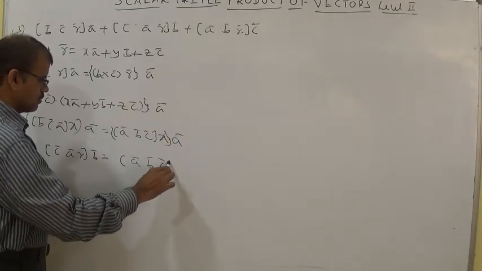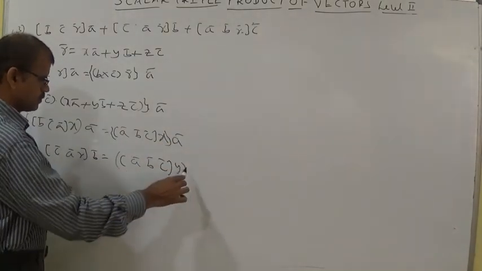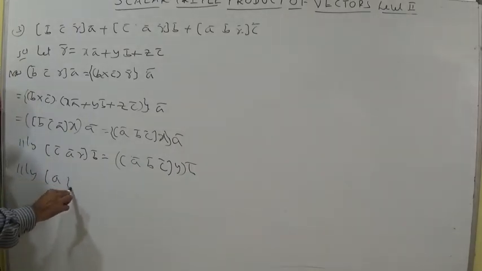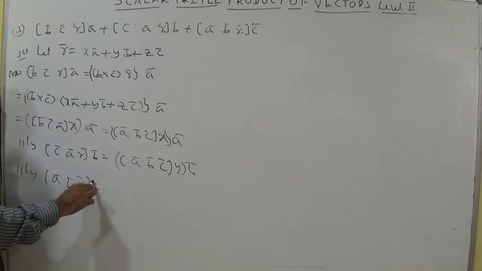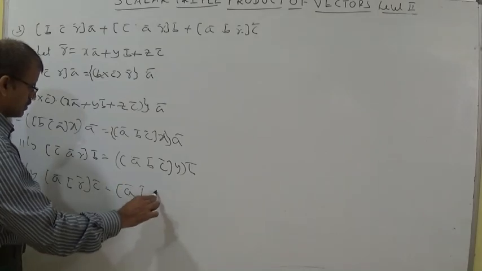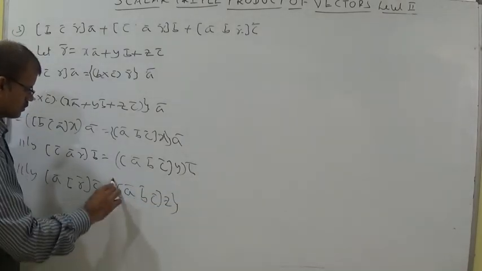Once again, box ABR into C bar gives box ABC into Z into C bar.